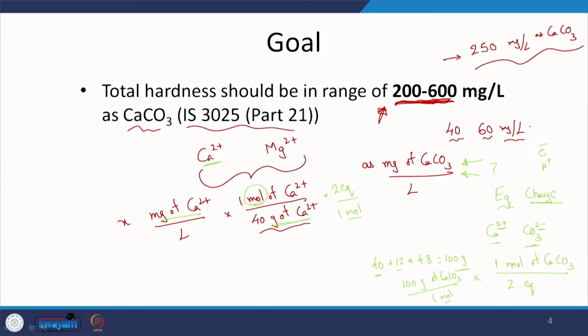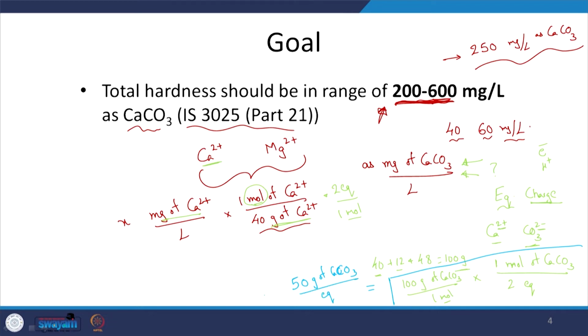If I multiply this, let me change the color so that it is easier to understand what I am talking about. So, this is where we are. If I look at this, what will this turn out to be? I am going to cancel out moles and moles. So, I will have 50 grams of CaCO3 per equivalent.